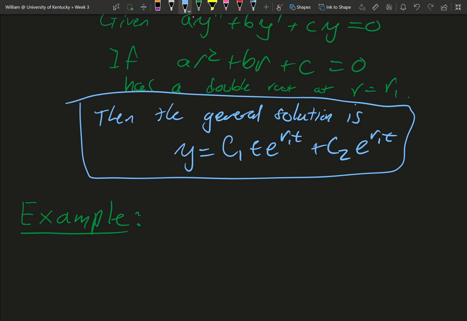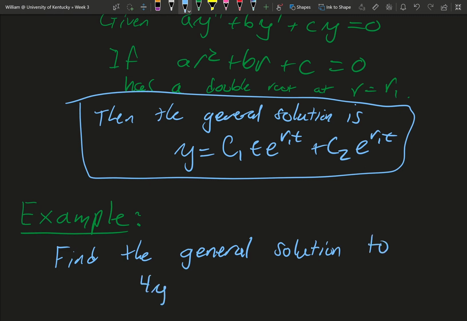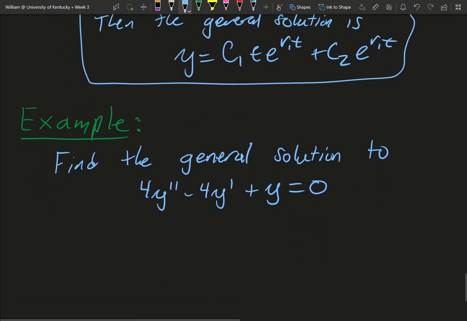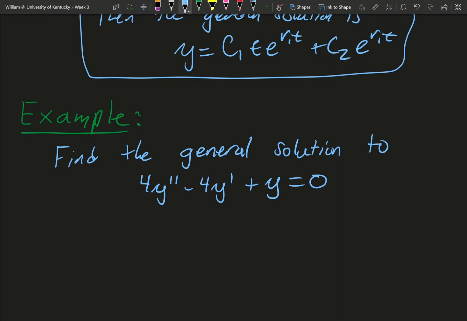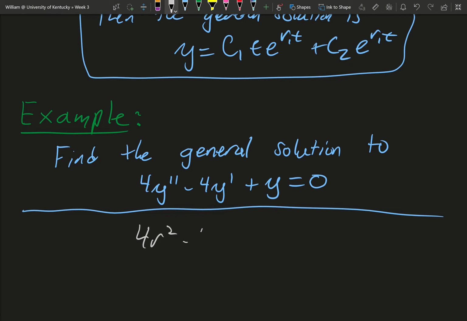So let's find the general solution for y double prime minus 4y prime plus y equals 0. And now let's just show the level of work. Okay, so 4r squared minus 4r plus 1 equals 0.